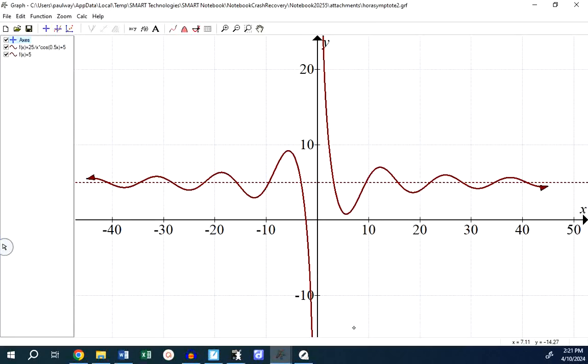And as x approaches infinity, y is approaching 5. Every time it flips over and under that y equals 5 line, it doesn't go as far above or as far below, so it's always getting closer. Which is a pretty cool kind of thing. It's got some trigonometric nature to it, and it's also got some rational nature to it in terms of asymptotes.